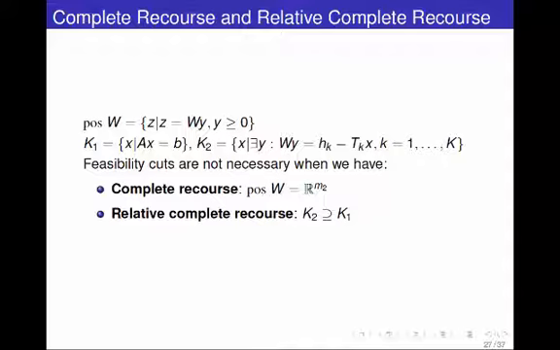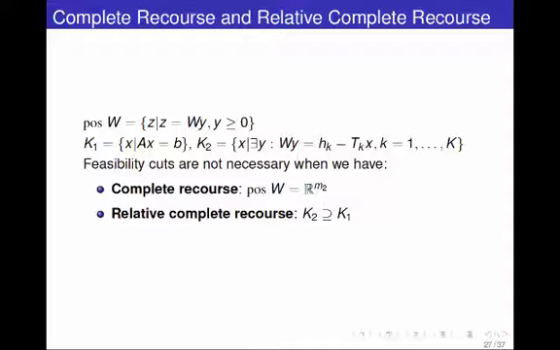This is a bit different from relative complete recourse over here. The drawing for relative complete recourse is something like this. It's this drawing here, but oh no, the other way around. Yeah, it's something like this. So K1 is contained in K2.